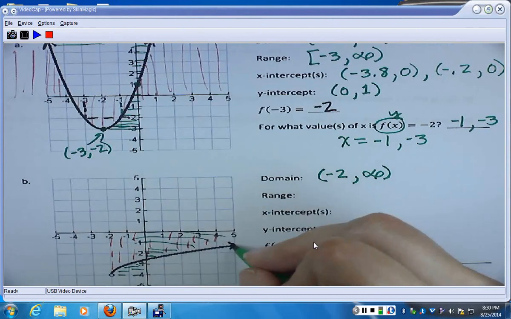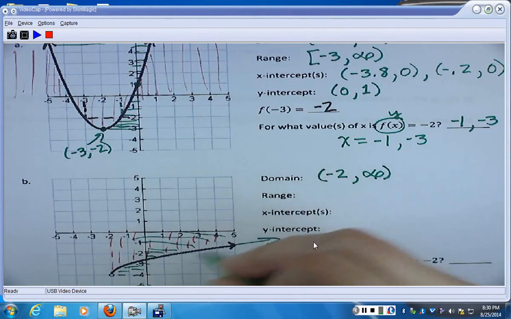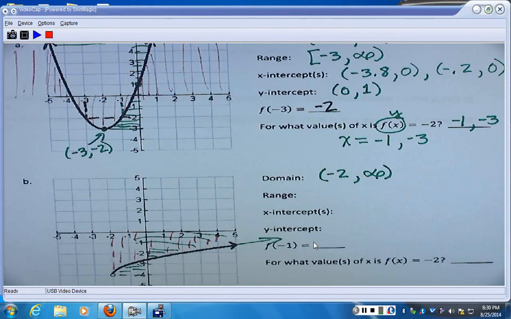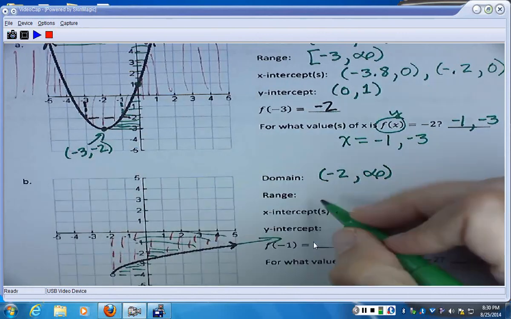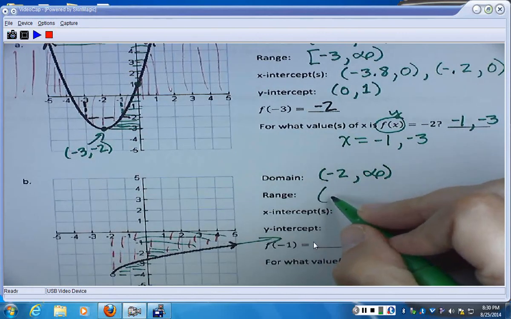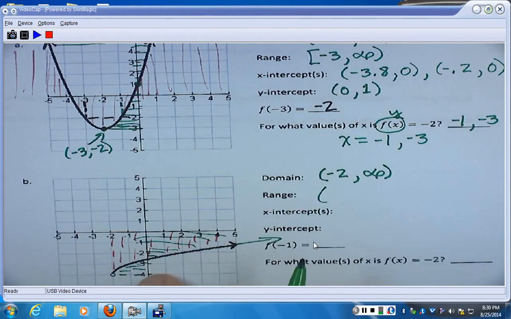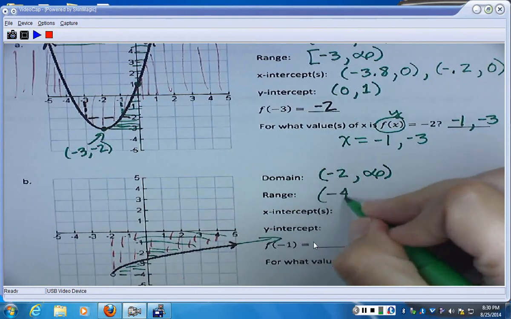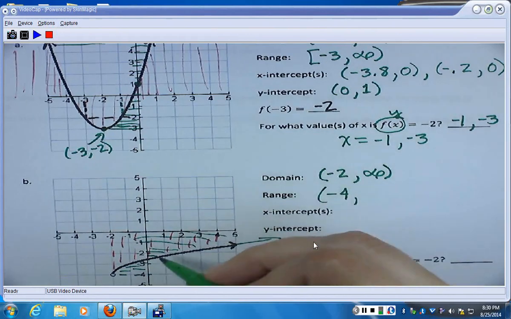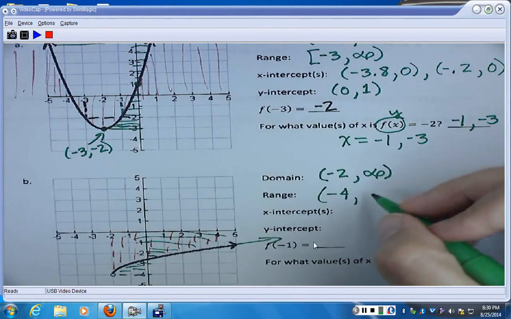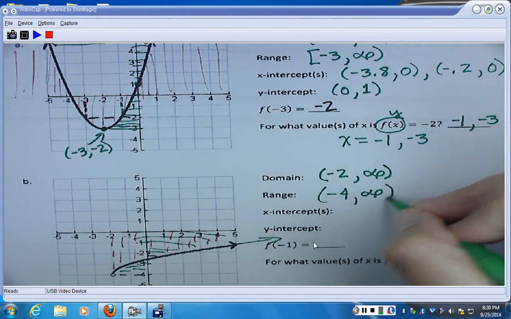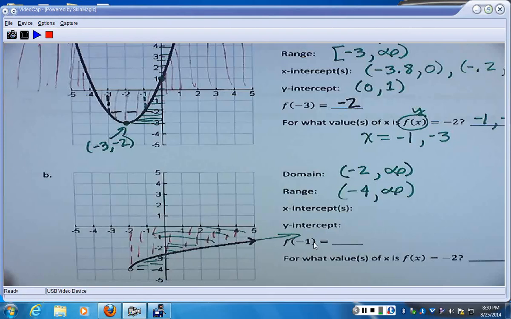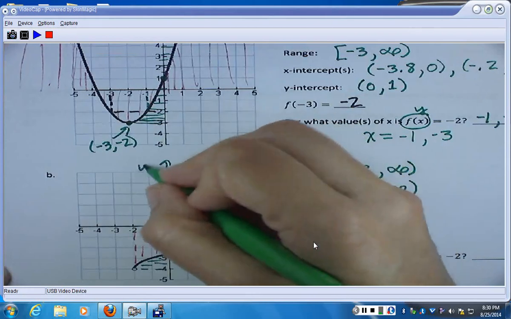You assume this goes up at an angle and keeps going up. So we start with -4 and go to infinity on the y.